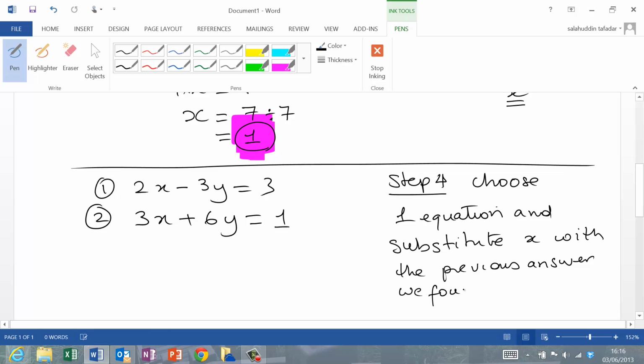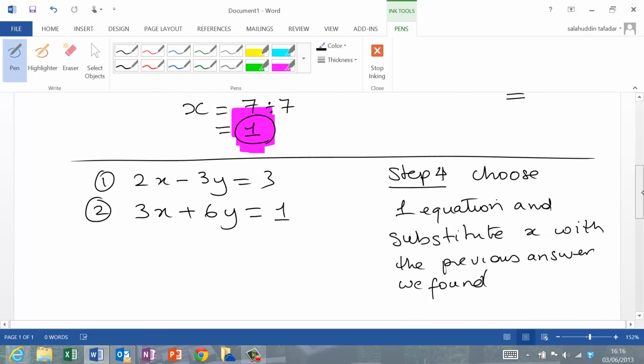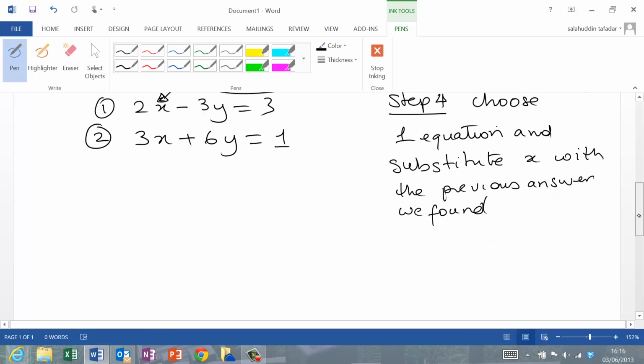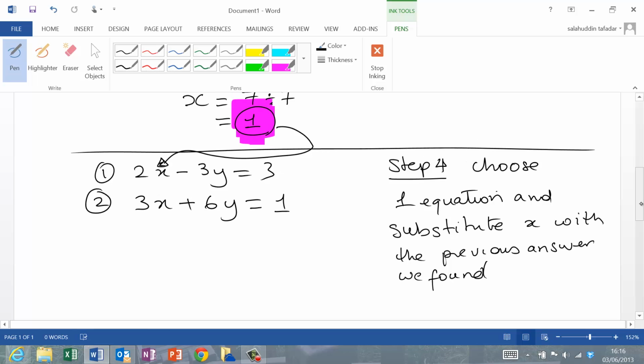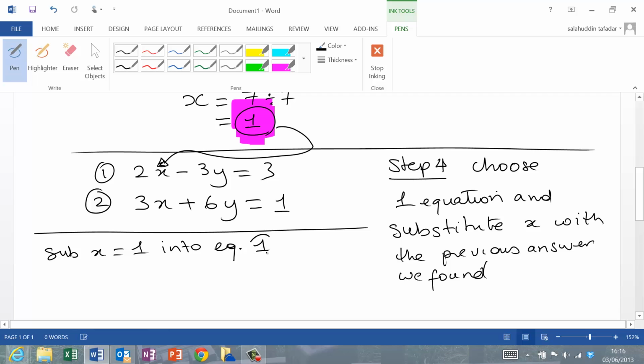And let me tell you what I mean by this. Just a second ago we found that x is equal to 1. So what I'm going to do is take this 1 here and substitute it into equation number 1 here, or equation number 2, whichever one I choose. I'm going to choose equation number 1, okay? I just think that it looks easier. So let's do this. I will say sub x equal to 1 into equation 1.